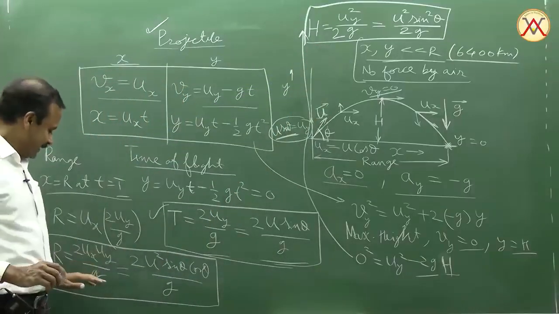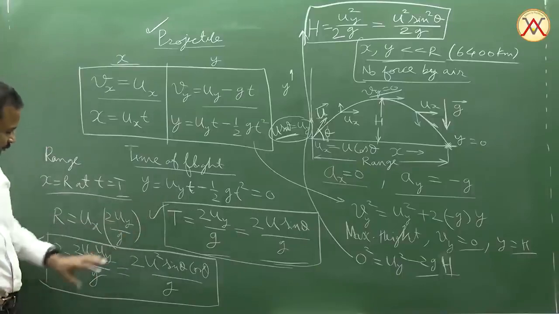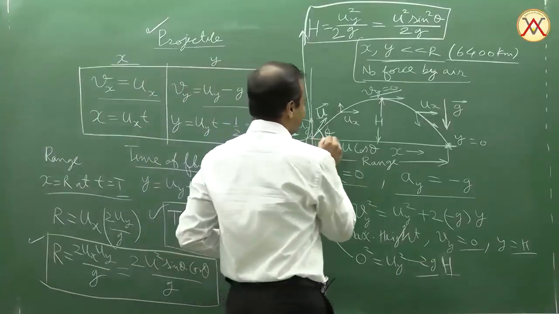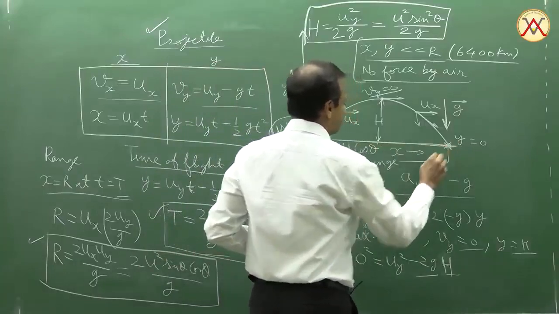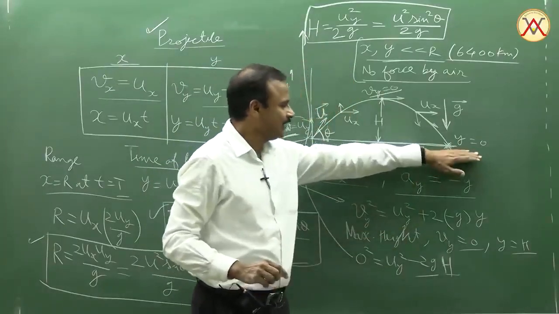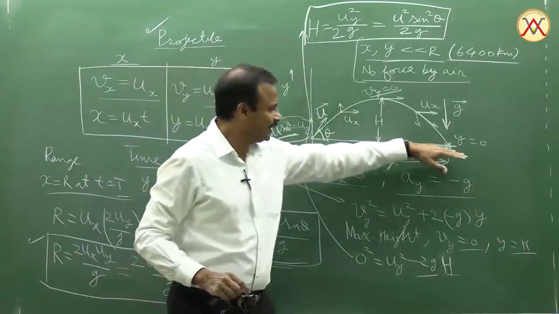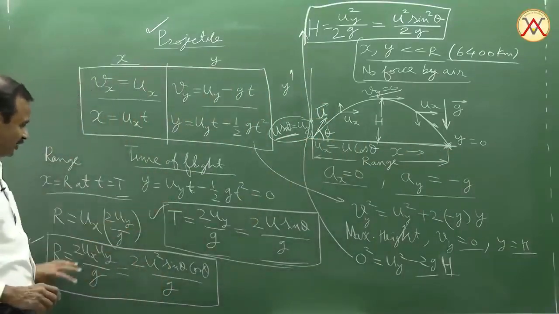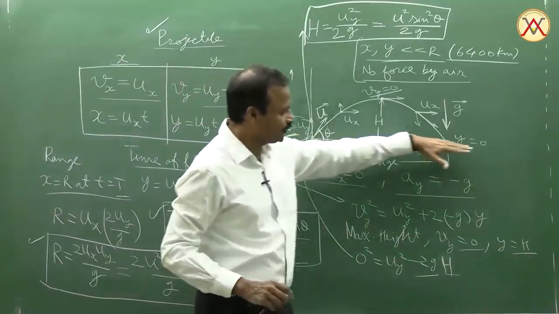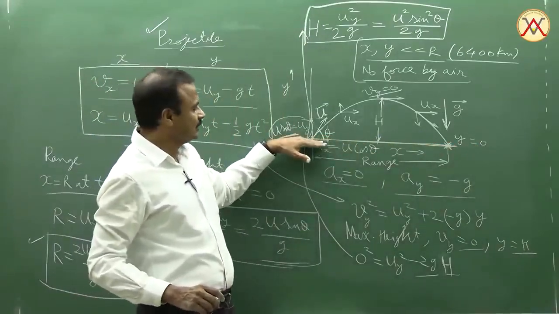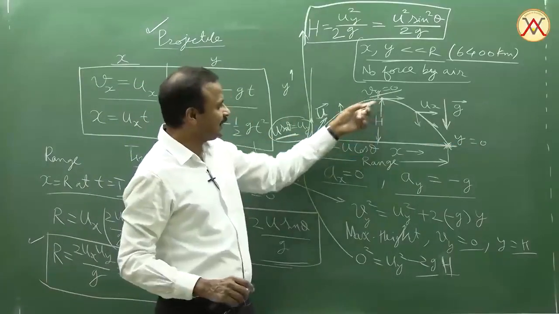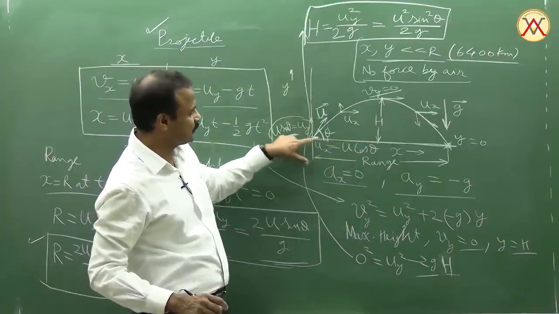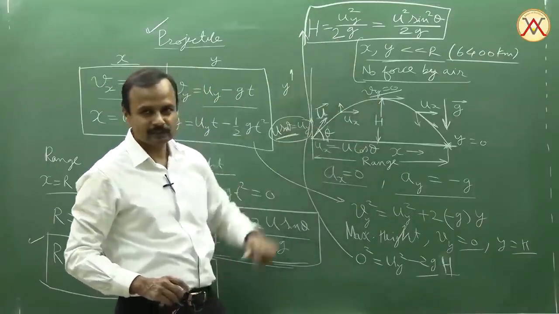We must understand that these formulas for time of flight, range and maximum height will work only when the point where it is hitting is in the same level as the point of projection. These two formulas for time of flight and range will work only if they are in the same level. And the maximum height that we have got is with respect to the point of projection.